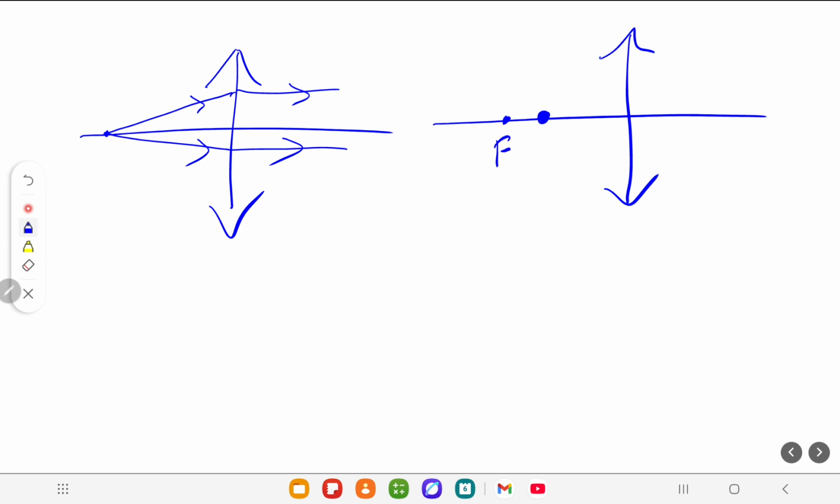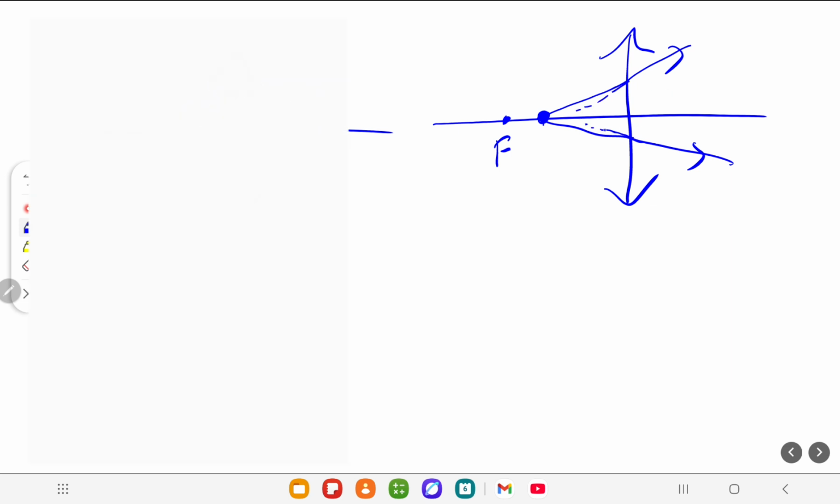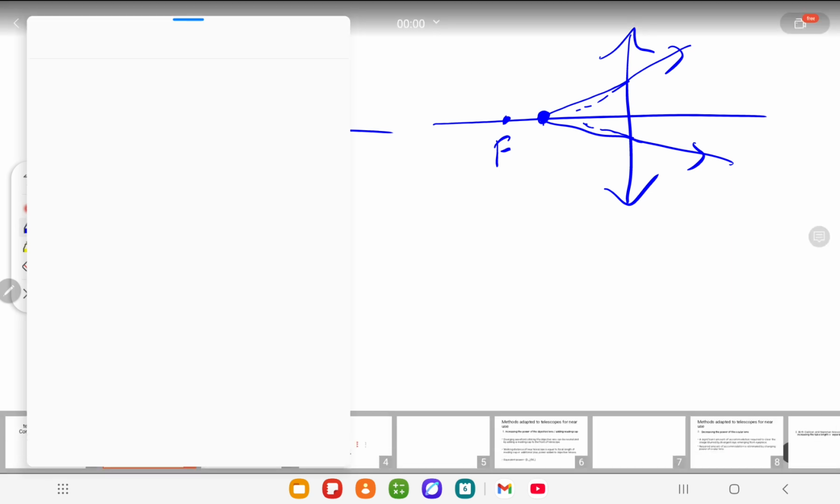That's what we have already discussed in the case of convex lens imaging. If it is in between f and the lens, then the light hits and does not converge, does not go parallel, it goes divergent again. That's why it creates a virtual image, isn't it? So it's a very simple thing.